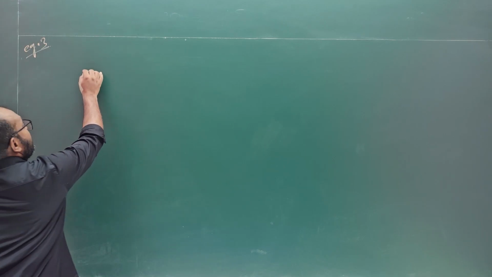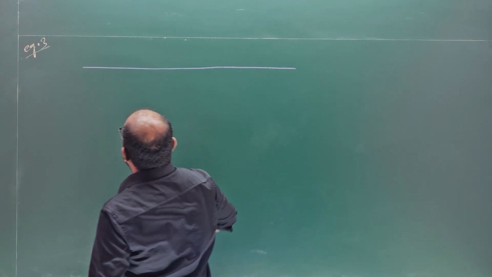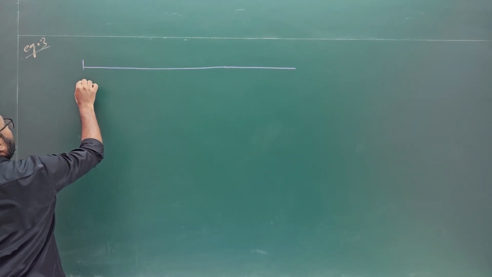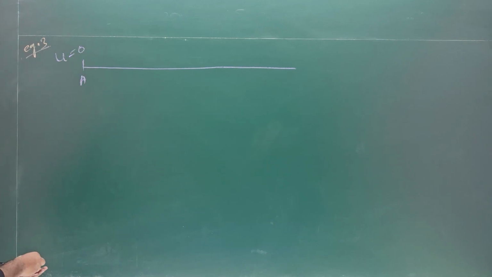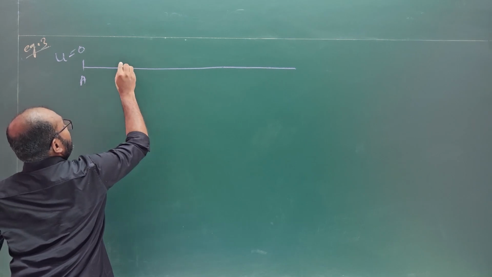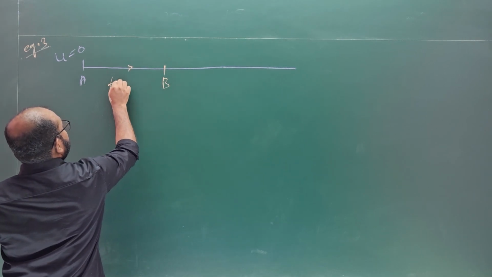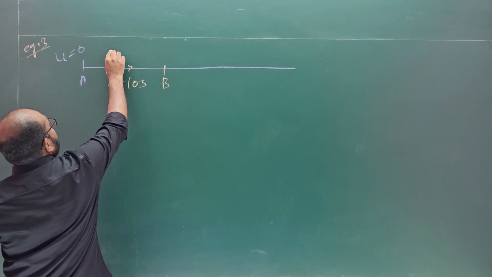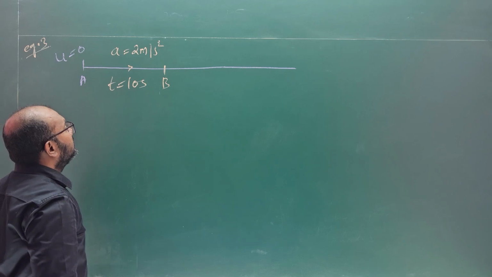Consider a body is traveling in this direction, and given that at point A its initial velocity is 0, then it reached point B in 10 seconds. Its acceleration is 2 meter per square second.